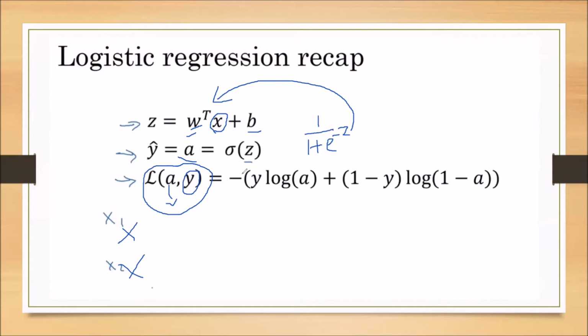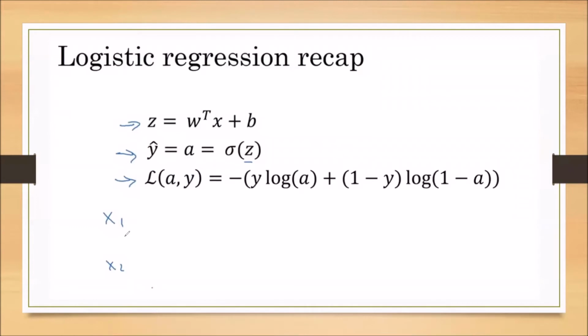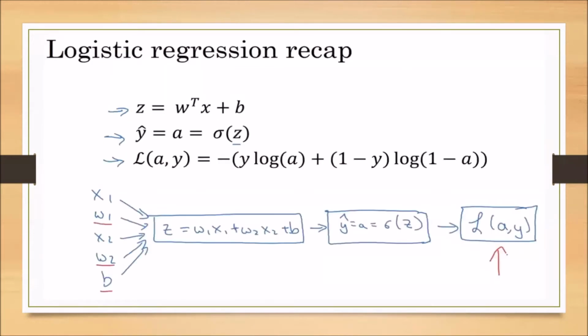Because we have considered two features, I am expressing this z by using two parameters, w1 and w2. So now this z will be w1 x1 plus w2 x2 plus b.